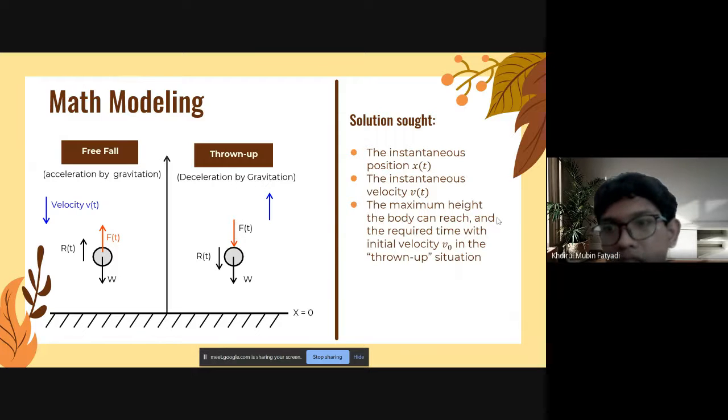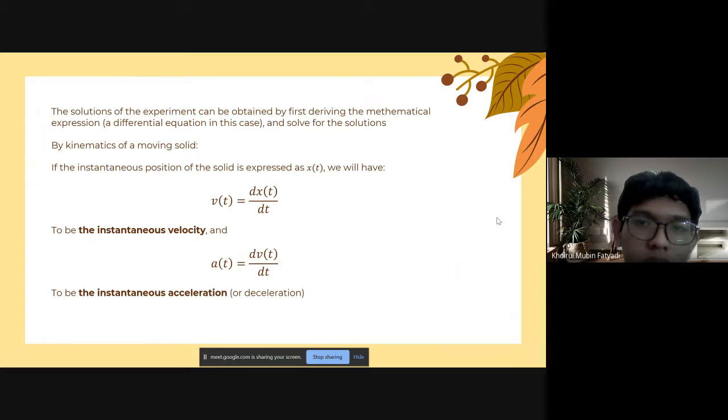Solutions show the instantaneous position xt, the instantaneous velocity vt, the maximum height the body can reach, and the required time with initial velocity v0 in the throw up situation. The solution of the experiment can be obtained by first deriving the mathematical expression.